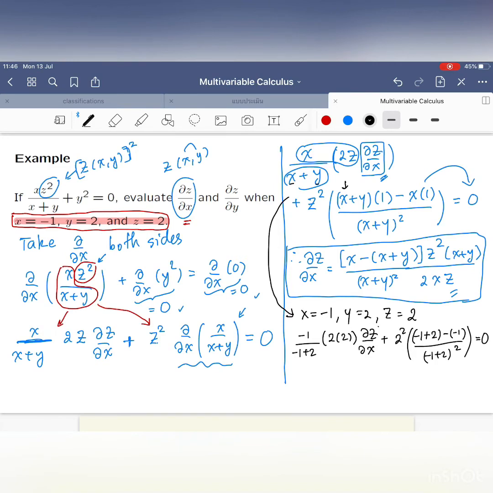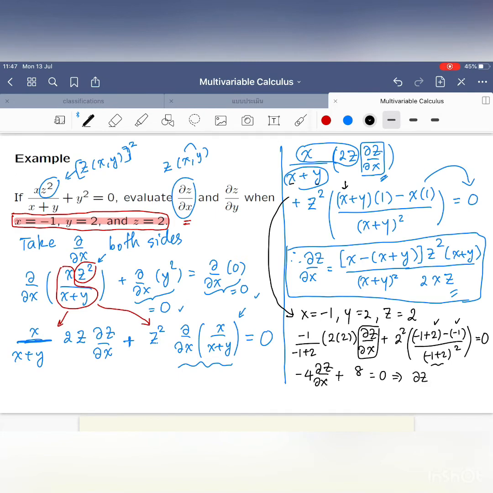If you want to solve for this, you can just calculate it as a number. So you have -4 dz/dx plus this is 1 and 1, so you have 8 over 1 squared equals 0.